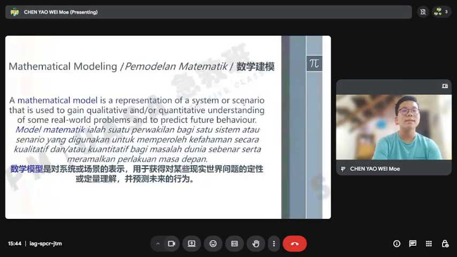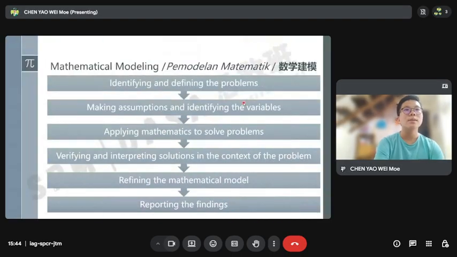First, you need to identify and define the problems. I give you a problem, then you need to list out the problem and define it.